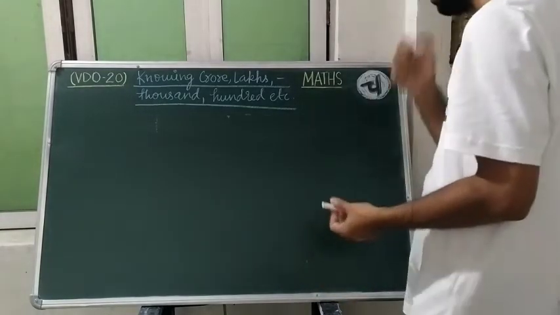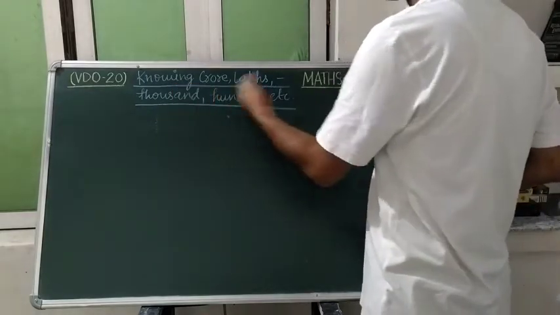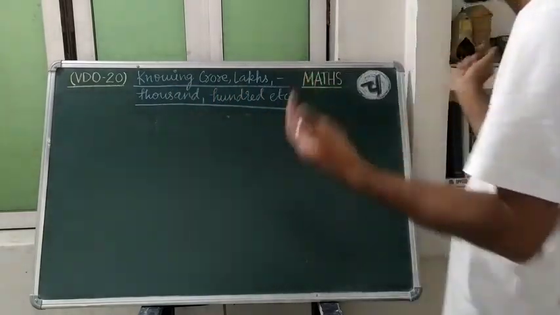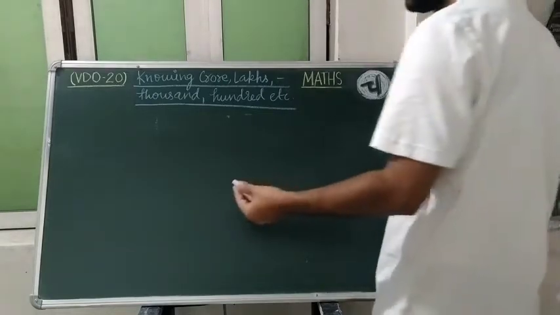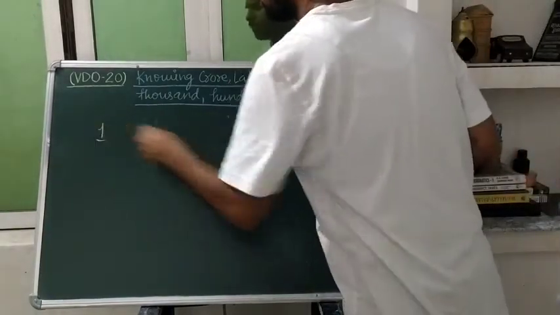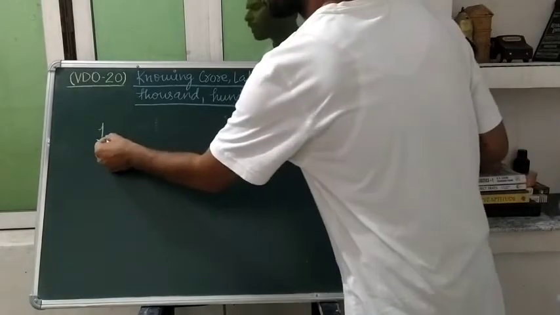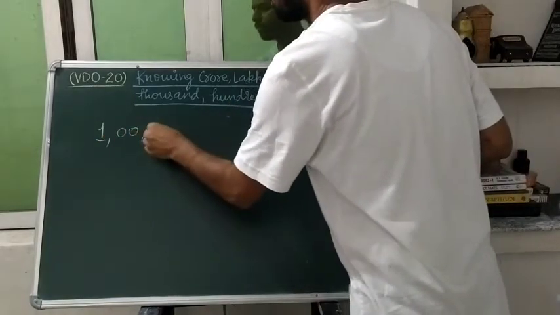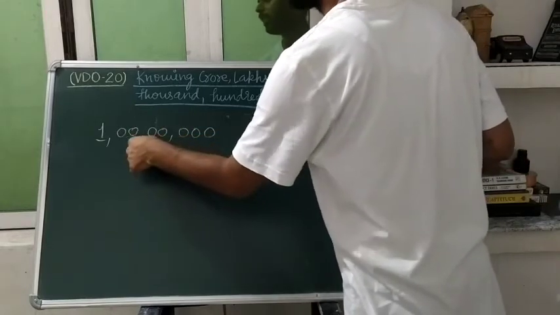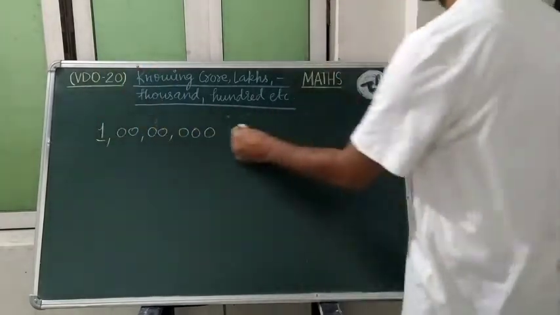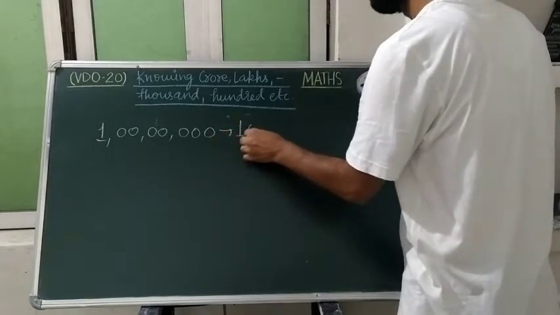Next, we will move to knowing crore, lakhs, thousand, hundred, etc. So for that I am saying that suppose we have 1 crore. 1 crore will have 7 zeros. Means unit, 10, 100, 1000, 10,000, lakh, 10 lakh, crore is our 1 crore.